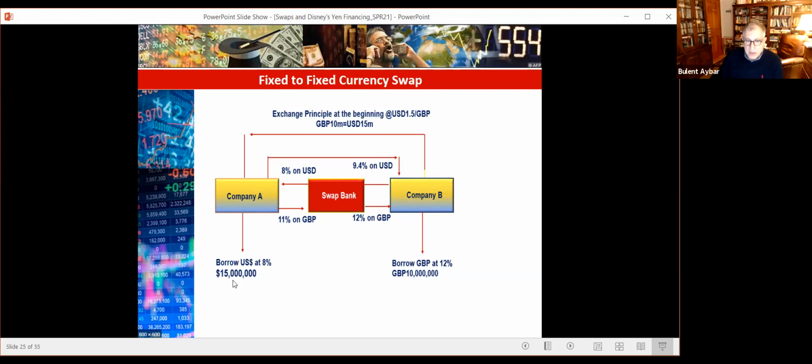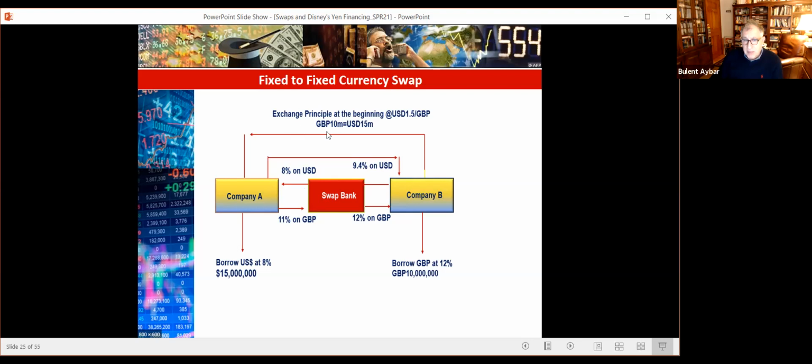Company A borrows $15 million at an 8% rate, and then engages in a swap deal with a swap bank with the agreement that it is going to receive 8% on US dollars, which it will use to service its debt. It also agrees to deliver the $15 million that it procures from this borrowing to the swap dealer in exchange for the 10 million pounds that it is going to receive from the swap dealer.